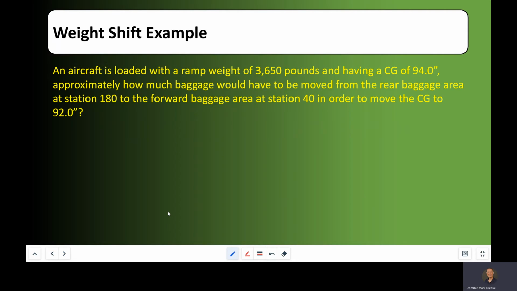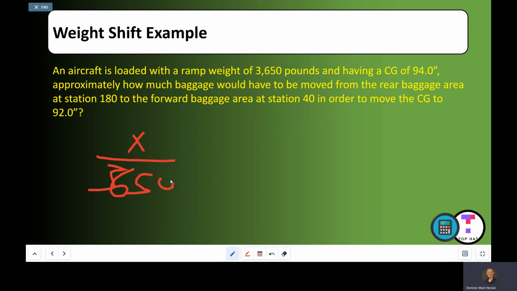Setting up our formula, little weight over big weight equals little distance over big distance. So little weight, how much weight are we moving? We don't know. Big weight, 3650, equals delta CG, right? 94 inches to 92.